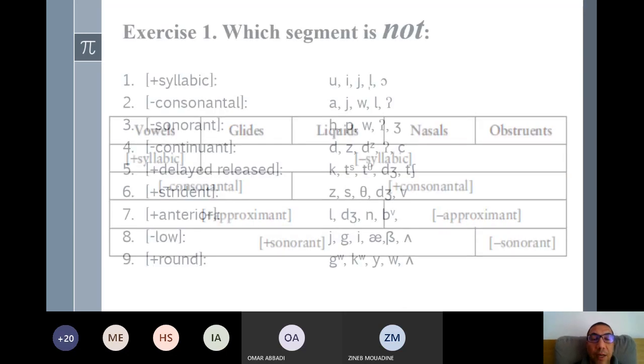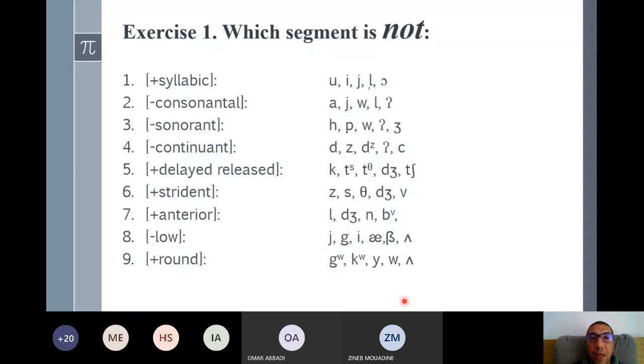Let's do another exercise. Can you select which segment is not plus syllabic, which segment is not minus consonantal, which segment out of these five segments is not minus sonorant, which segment out of these is not minus continuant, and so on and so forth.